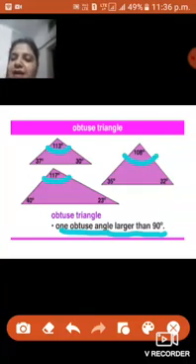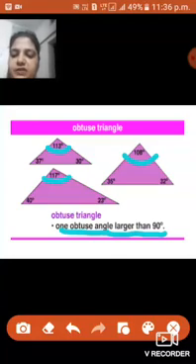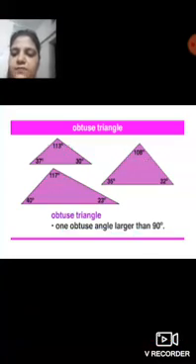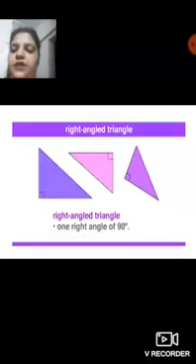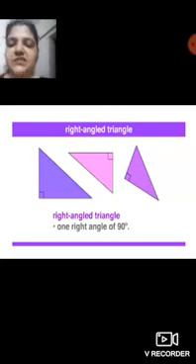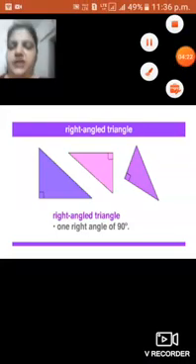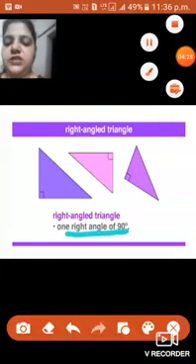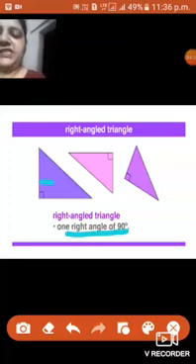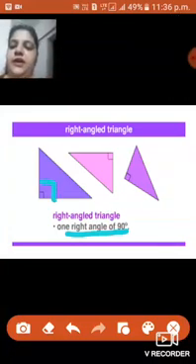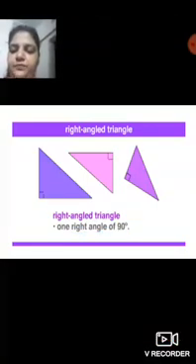All the three angles here are greater than 90 degree. Right angle triangle. Right angle itself says it's a 90 degree. This means a triangle should have 90 degree in it, then it will be known as a right angle triangle.